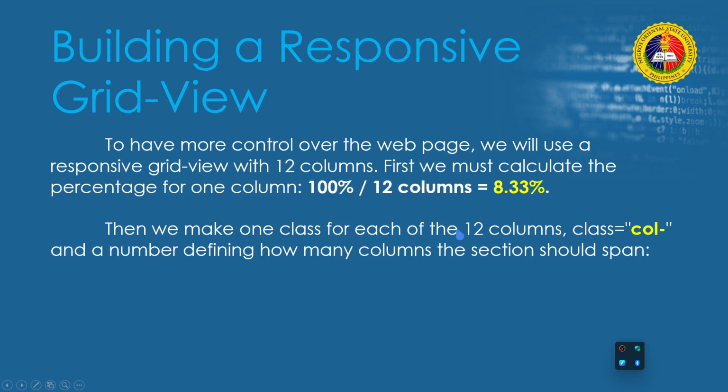Then we make one class for each of the 12 columns. Let's call it, for example, class col-1, 2, 3, up to 12, so that we can put a name on each column, and add the number defining how many columns the section should span.